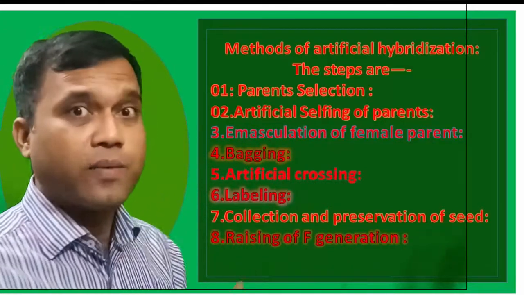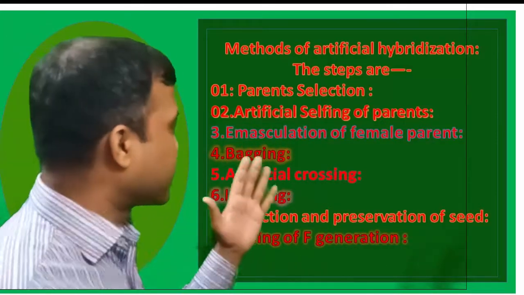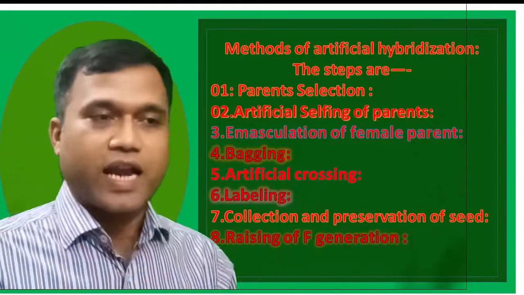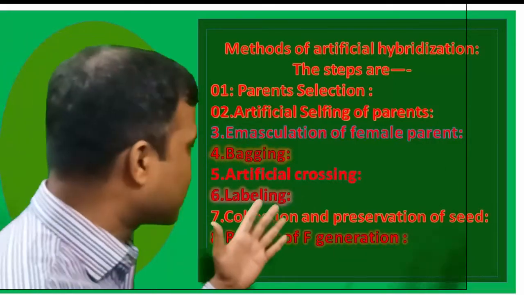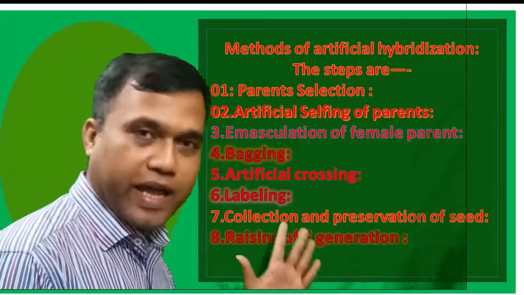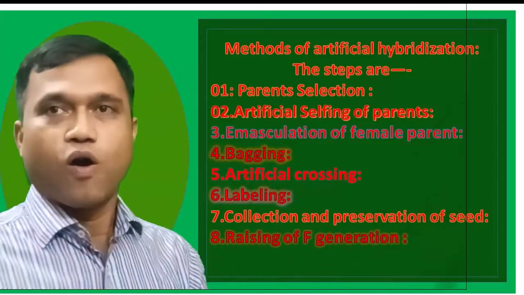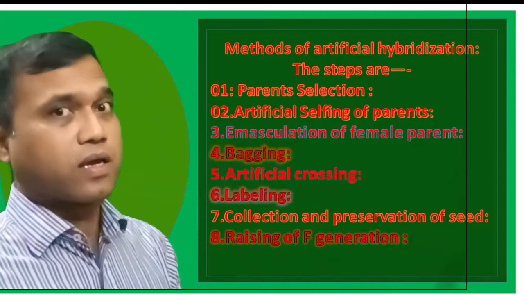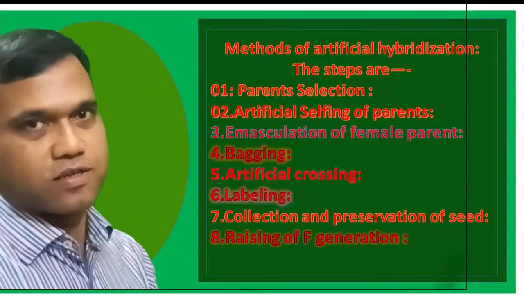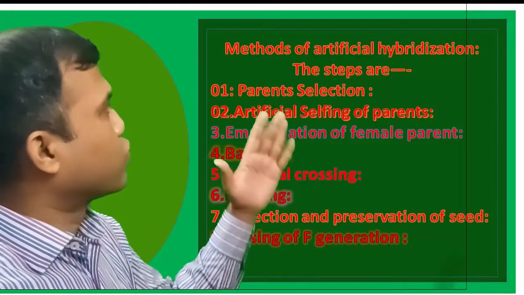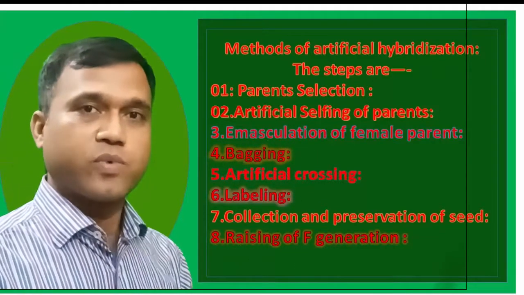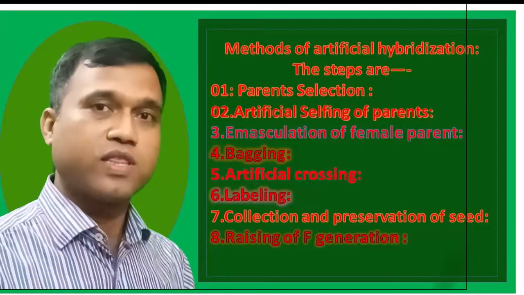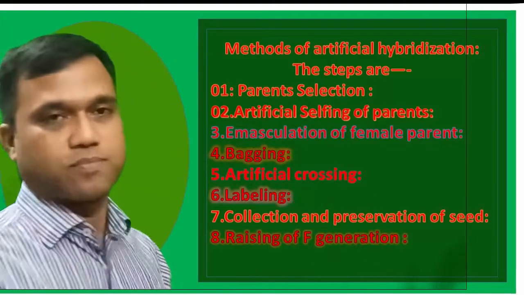Sixth step, labeling. Step number 7, collection and preservation of seeds. And last of all, step number 8, raising of F generation. F means filial. So to complete this artificial reproduction, we have to follow these 8 steps.